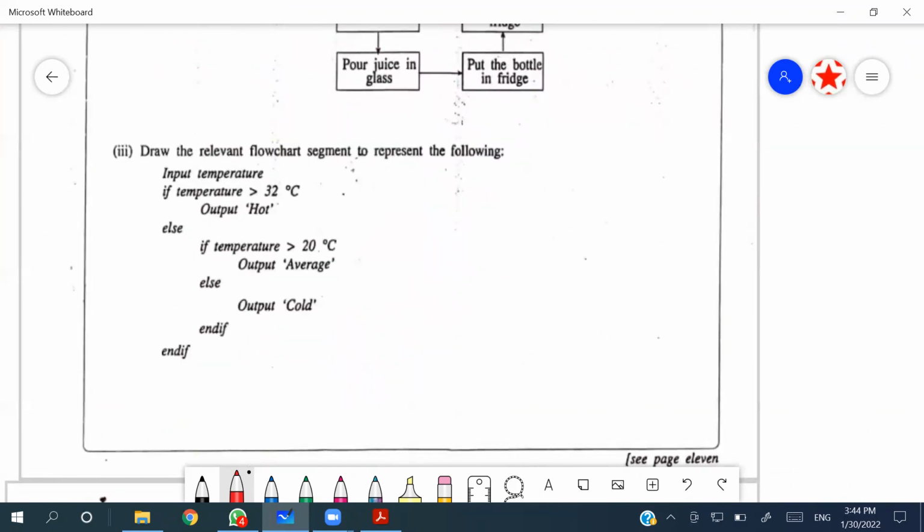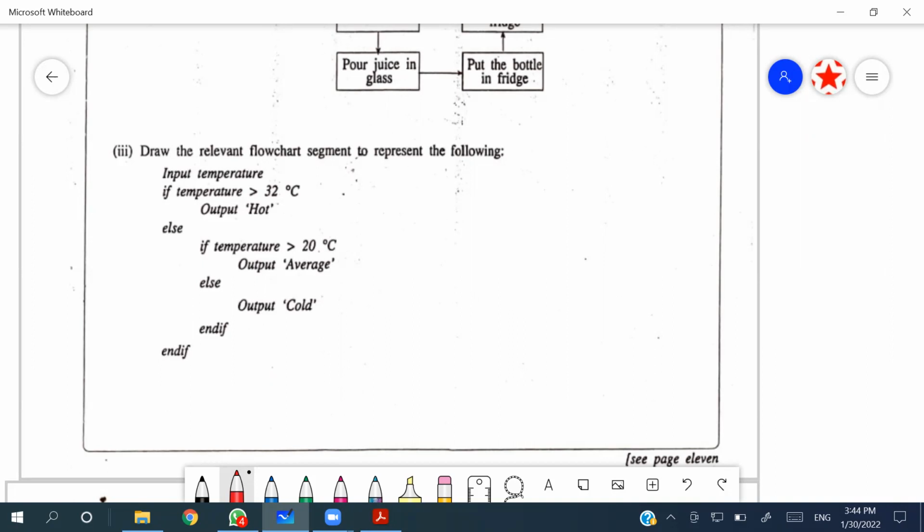Then in the third one, draw the relevant flow chart segment to represent the following. They have given you pseudo code, and they're asking you to draw the flow chart. Again, they are saying flow chart segment, so you don't need to indicate the start and the end, since they are talking about a segment.